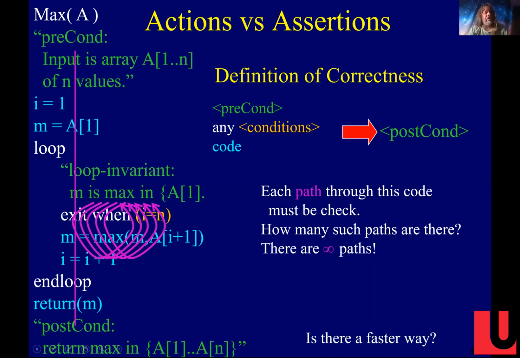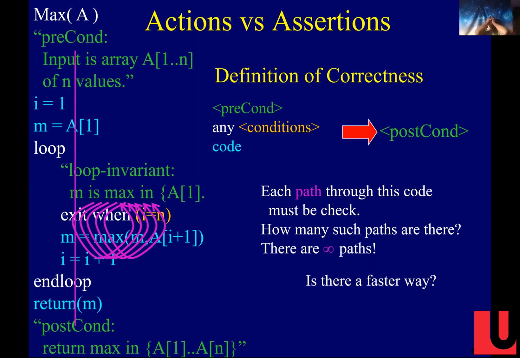So do we want to check them all separately? No. Same as before, that would be too much work. So what we're going to do is break the computation into subpaths. What's a subpath? It's going to take you from one assertion to the next.